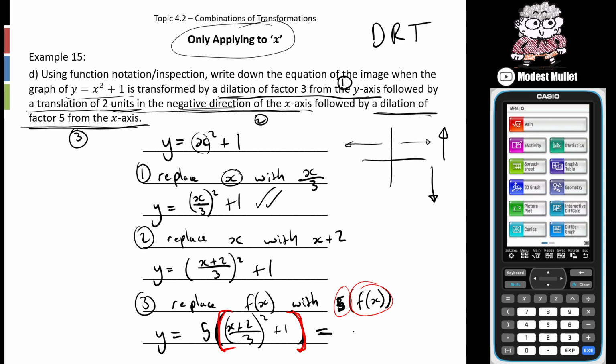This could also be rewritten as 5 times x plus 2 on 3 all squared plus 5. These two graphs would be equivalent. So that's how we use inspection and make sure we only apply it to an x. Just follow the order that you're told to do the translations in, and you will have the final form.